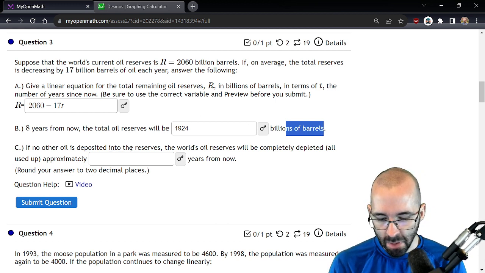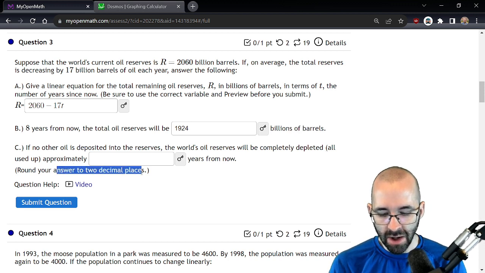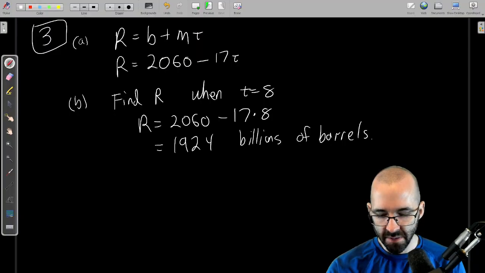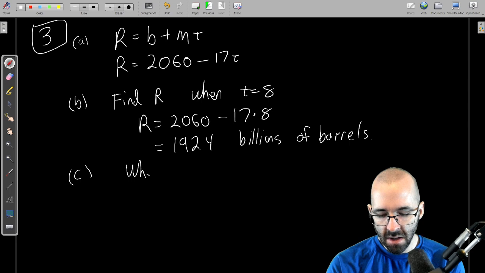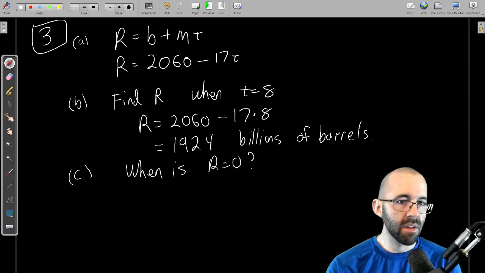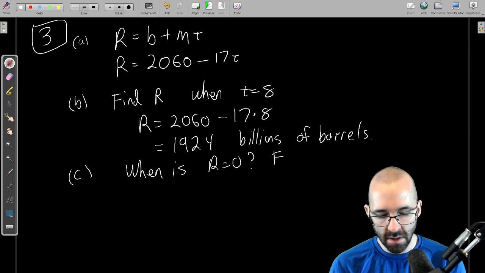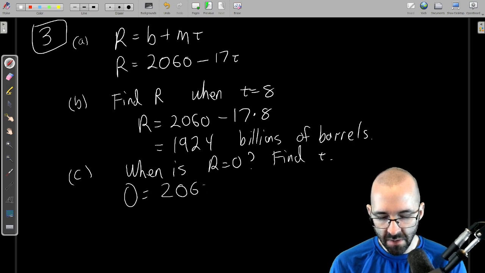If no other oil is deposited into the reserves, it will be completely depleted in how many years? Round to 2 decimal places. So when are things depleted? That just means, when is R equal to 0? Find T. 0 is equal to B, which is 2060, minus 17 times T, which we want to find.